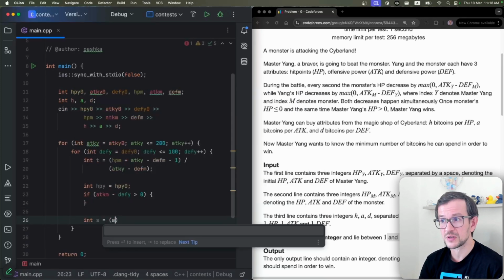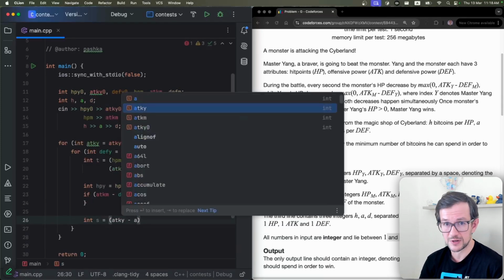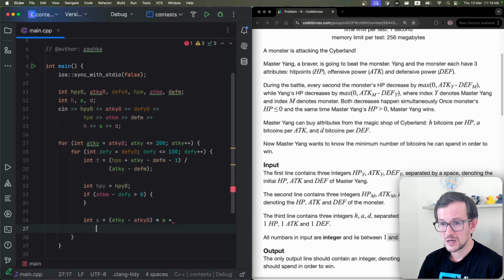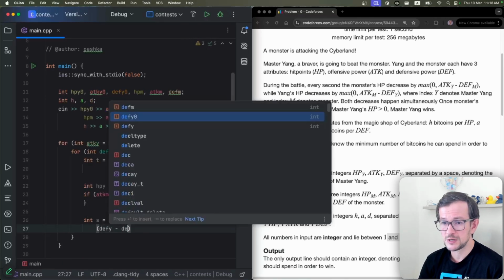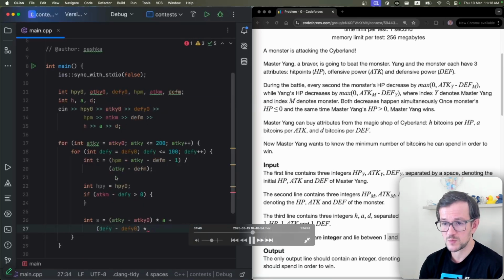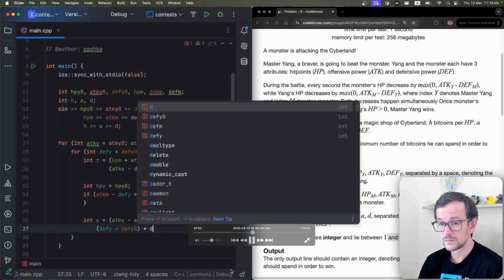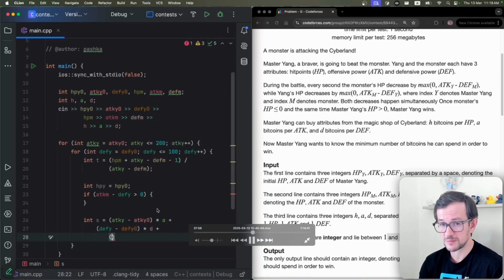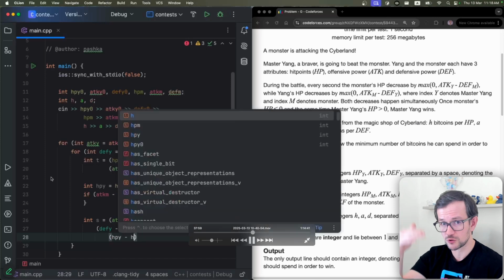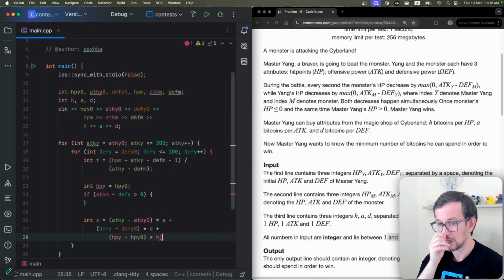If the attack of the monster is less than or equal to my defense, then the monster is dealing no damage, and I don't need any extra HP. So my HP is like this. If the monster is dealing me some damage, I need to have enough HP to survive all these T rounds.